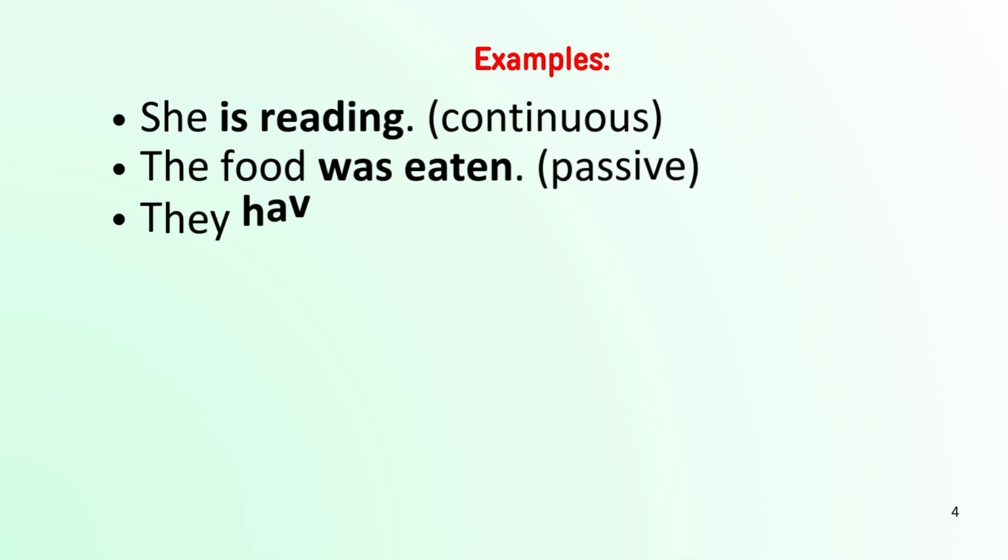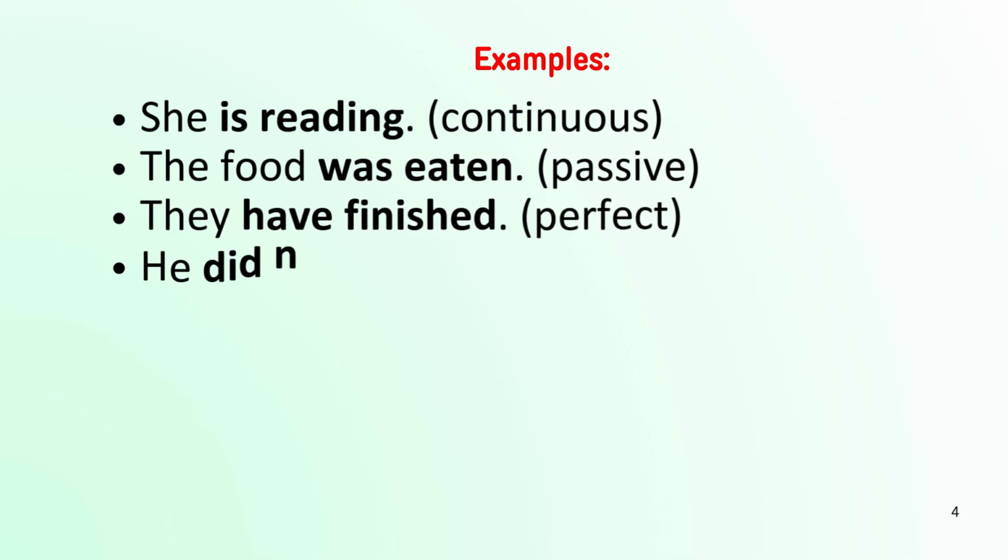She's reading. The food was eaten, the participle form, just as I have explained. They have finished is expressed in a perfect form. He did not go. That is the not. This is what I am saying. Did is used plus not to make a negative tense statement.